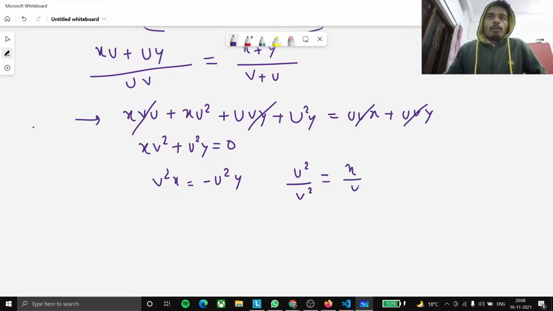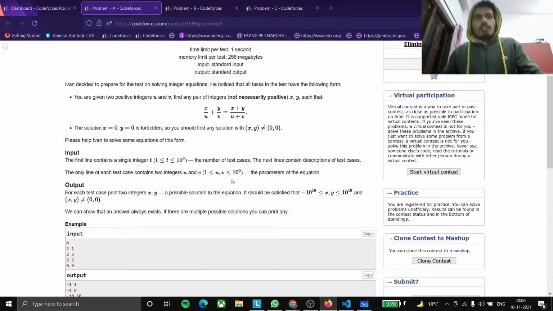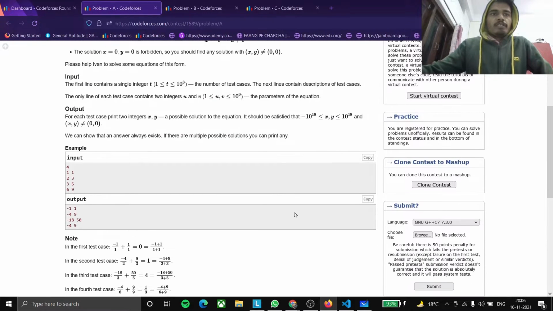We can conclude from here that we should get x equal to minus u square and y equal to v square. So we should get the values of x and y in terms of this. Let's try to code the solution for this and see how we manage it.